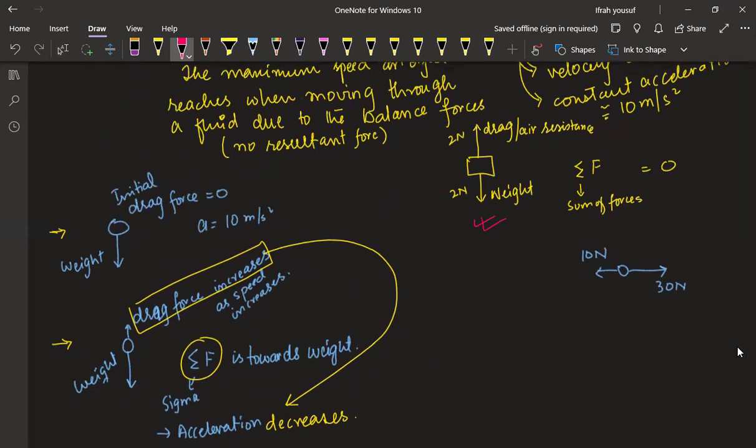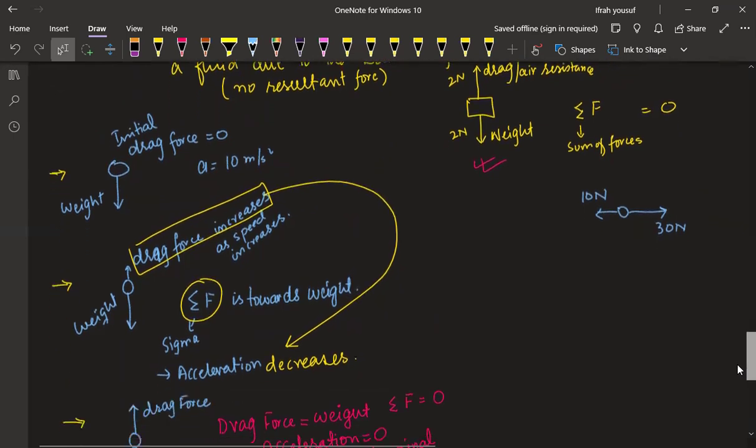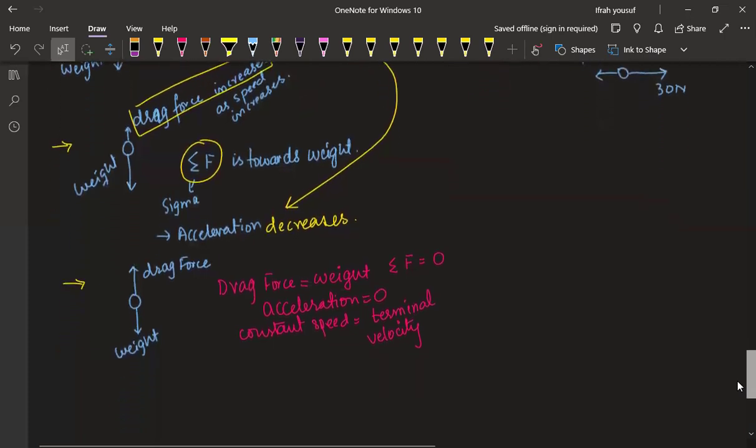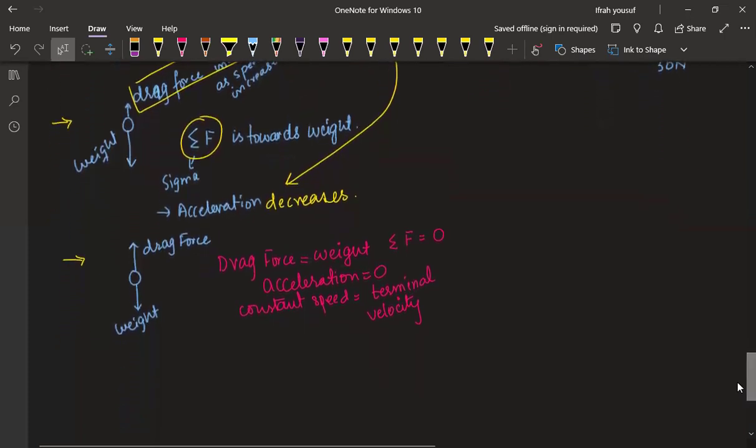The 2 Newton upward, 2 Newton downward. So what will you get? The sum of forces. You will get zero, because 2 Newton minus 2, so that's going to be zero. Clear? I hope this is now clear to you, that this is how the object reaches the terminal velocity, right?